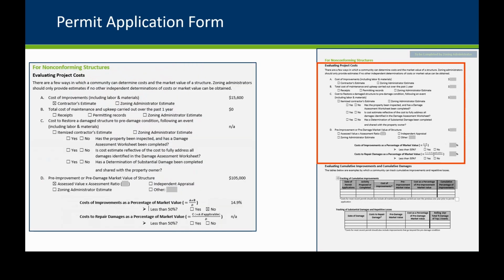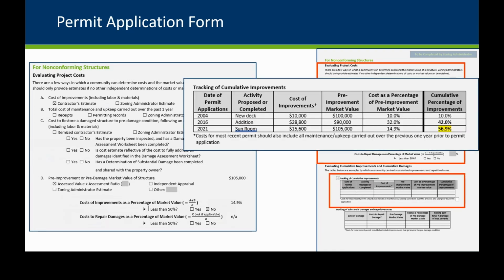Previous improvements, previous damages, cumulatively. And this form walks the zoning administrator through that look back, really the bottom portion of this form. So I think in this example, we're looking at improvements that have been done over time.